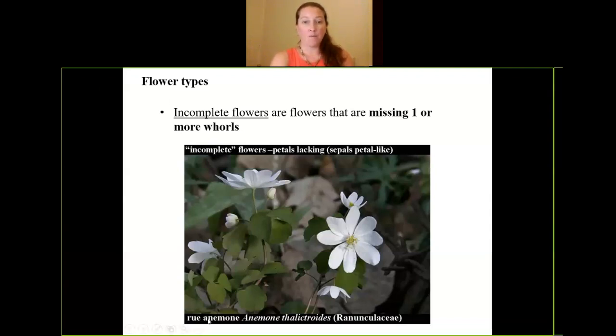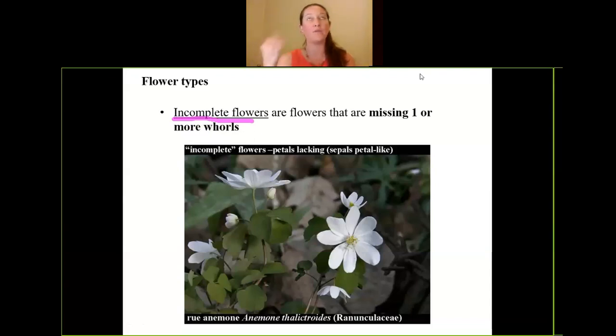So in this example here, this flower only has 3 whorls. It has pistil or carpels, it has stamens, and then it has sepals that look like petals, but no actual petals. So if you're missing one or more whorls, you're what we call an incomplete flower.